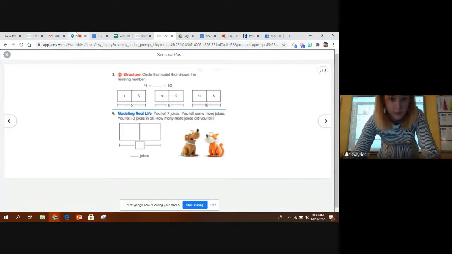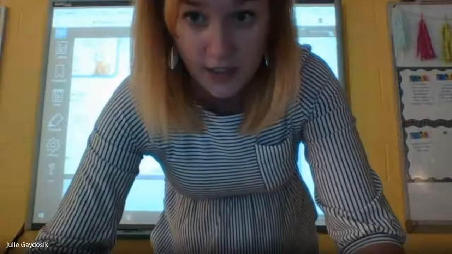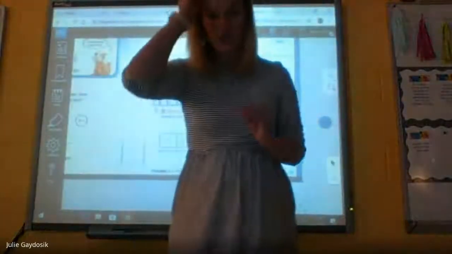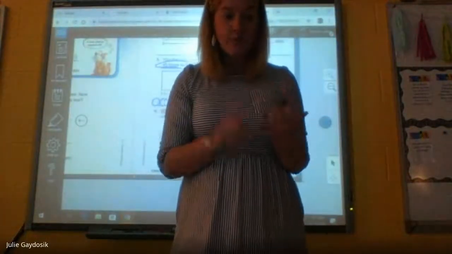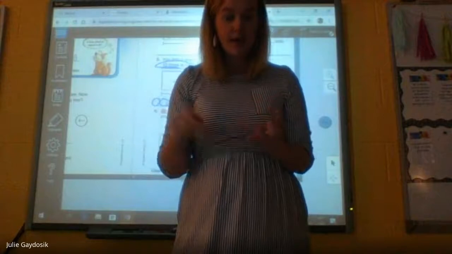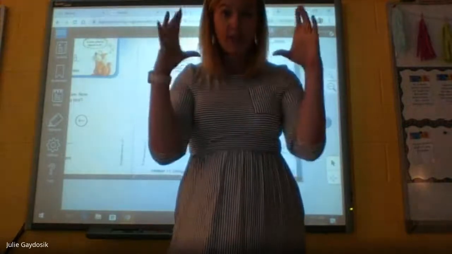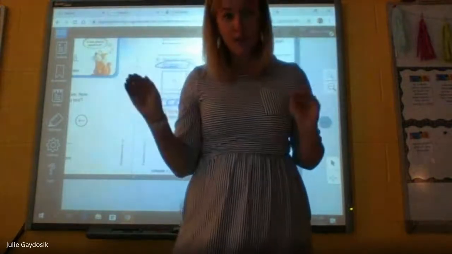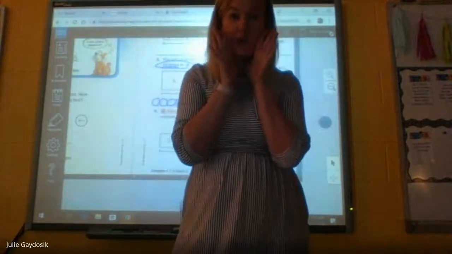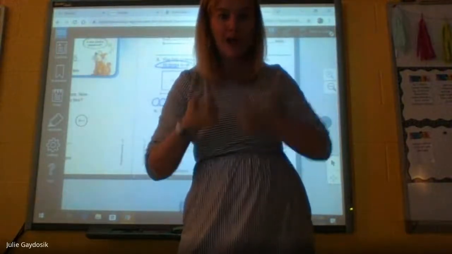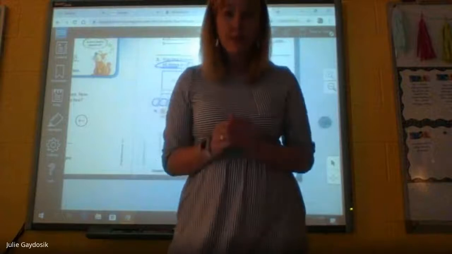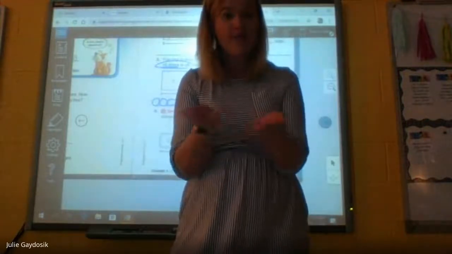So same thing that we've been doing, okay? So nothing has changed. I want to see that equation. I want to see that spot for your unknown number, the strategy, whether it's in that chart with a picture or you do an open number line. If you want to, do an open number line to check your work. It's great practice. And I want to make sure that you show me the answer where you found that answer.